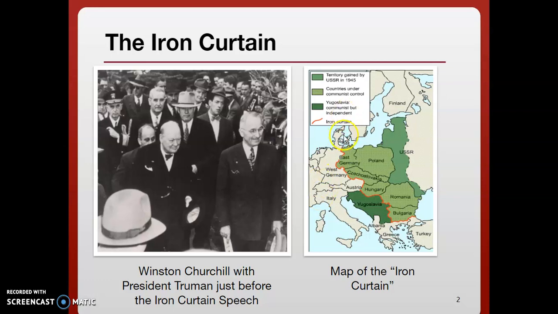So this Iron Curtain, it's a metaphor. It wasn't an actual real Iron Curtain, but it was a metaphorical wall, okay? It's the idea that these countries are more aligned with the East and with the Soviet Union, and everything to the West is more aligned with capitalism in the United States and the West, okay?